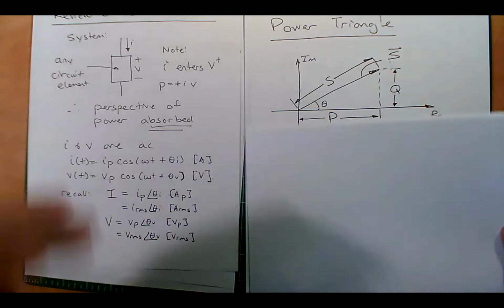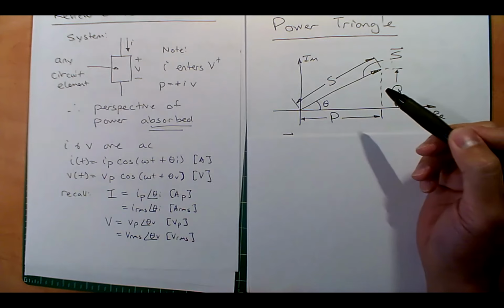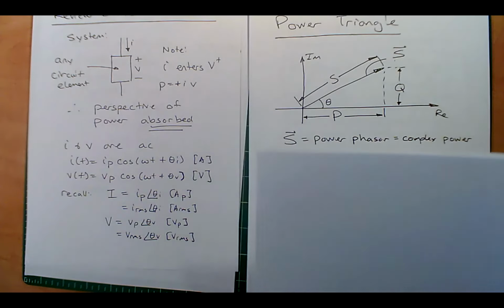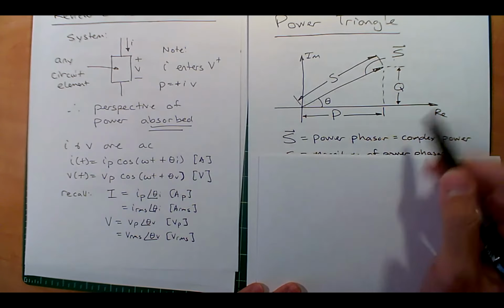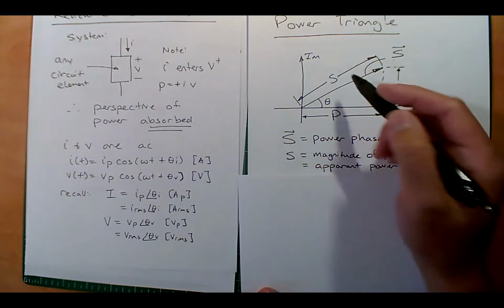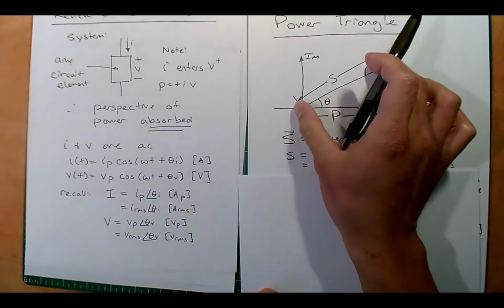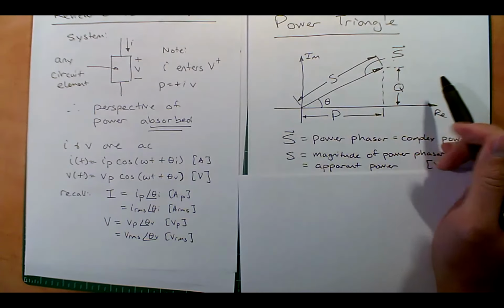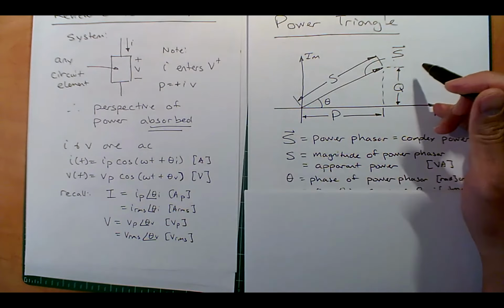All right, we also have the power triangle. We had this P, Q, theta, and S. And you're like, wait, what was that again? Well, S bar is the complex power phasor. S is the apparent power, okay? We quote this in units of volt amps.